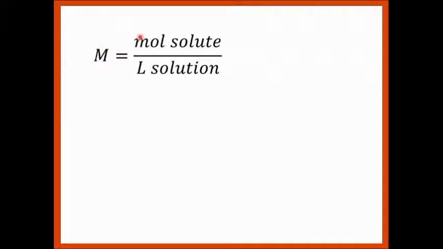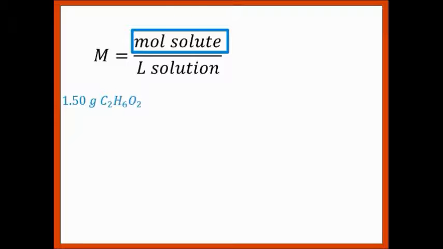Recall that molarity has the units of moles of solute per liters of solution. We can first find each of these entities separately. Like we said, we know that we have 1.5 grams of solute ethylene glycol dissolved in solution. From this information, we can calculate the moles of solute. If we calculate the molar mass, which has the units of grams per mole, we can use this value as a conversion factor.